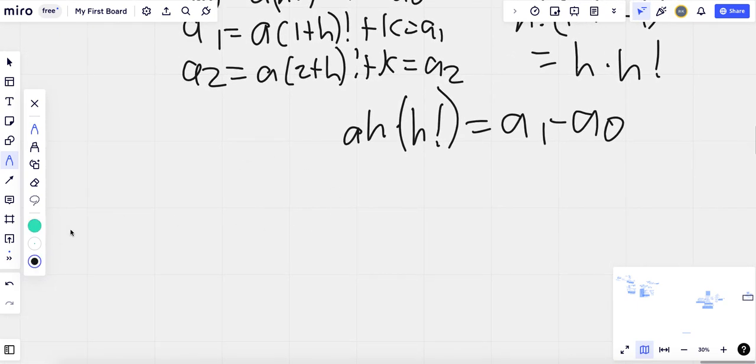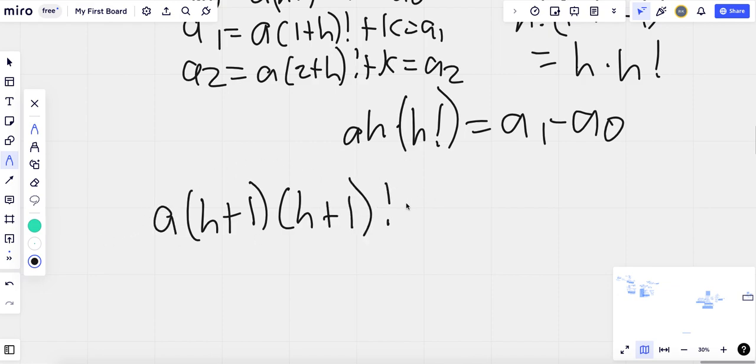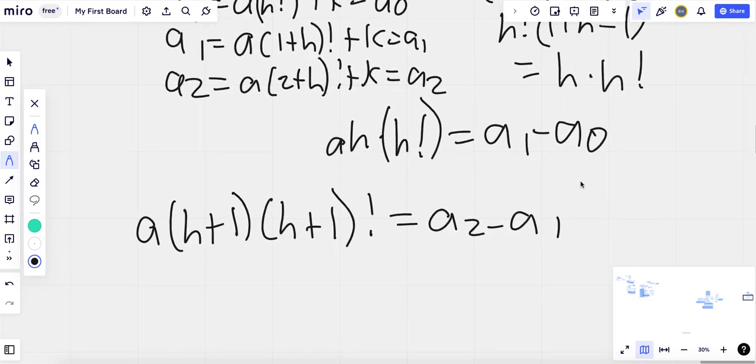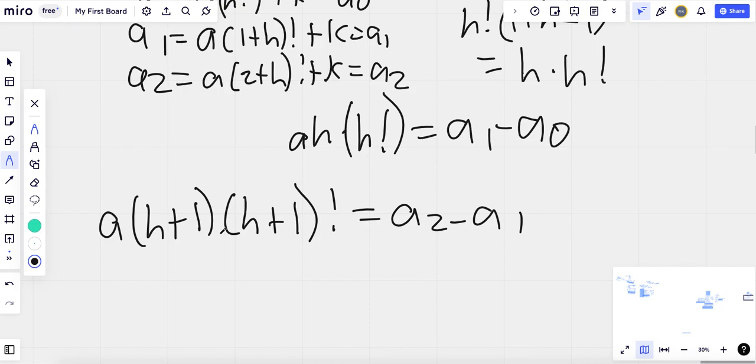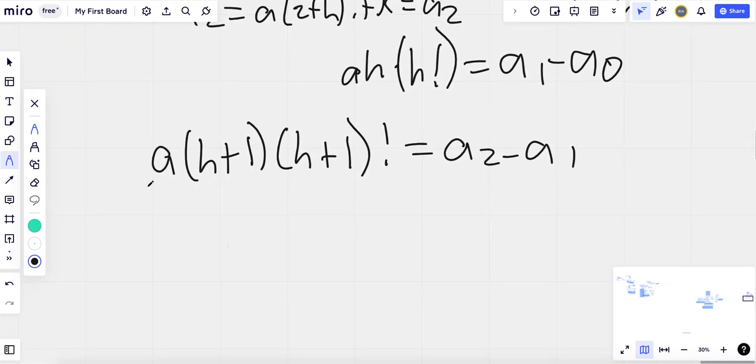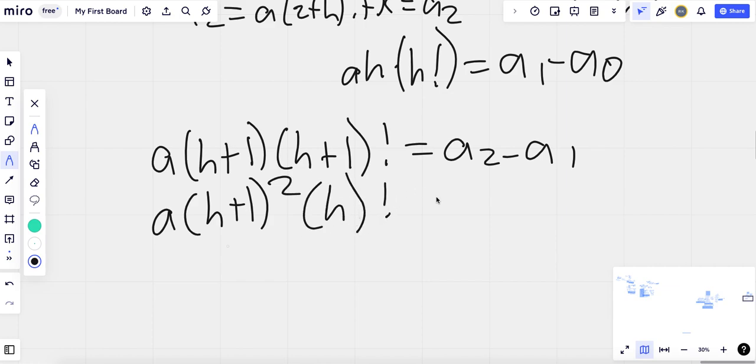So this will look like, okay. So this is a2 minus a1, and now we can actually use what we have here and rewrite this. And this will be a times (h plus 1) squared times h factorial. I'm just rewriting what we have here.